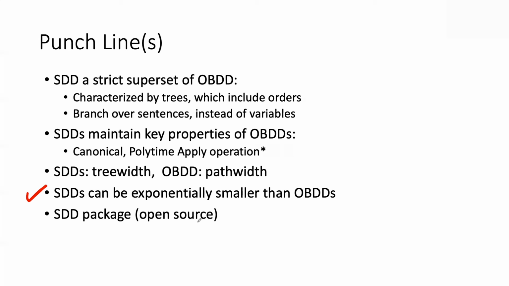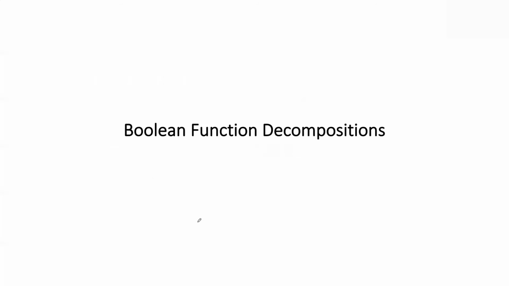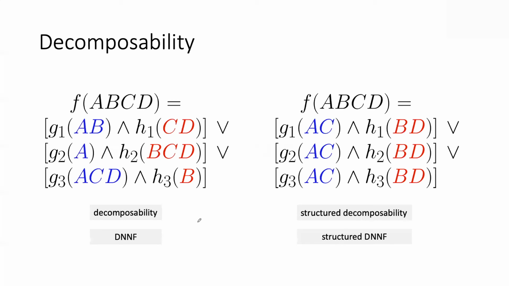And now let's dig into the details and let's see what's going on with these folks. And to really give you the secret behind SDDs, we need to look a little bit at what really underlies these different circuit types that we looked at. So if you look at decomposability, that was a property that gave rise to DNNF circuits and structured DNNF circuits.